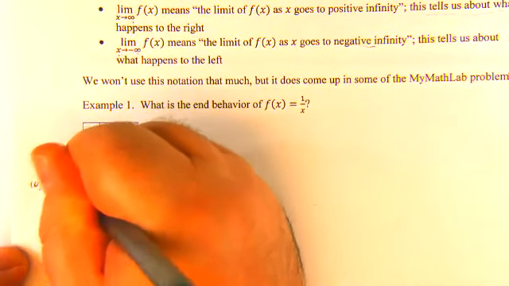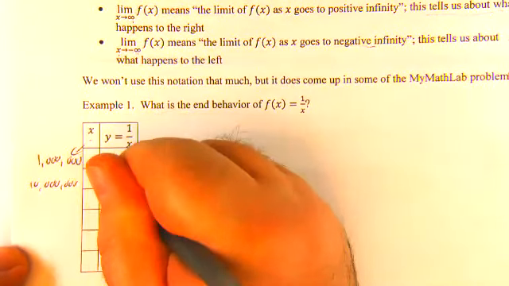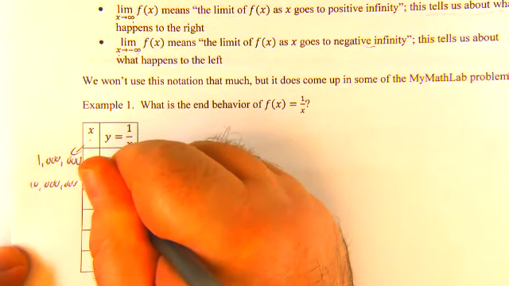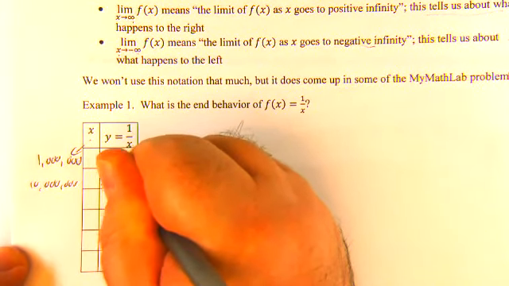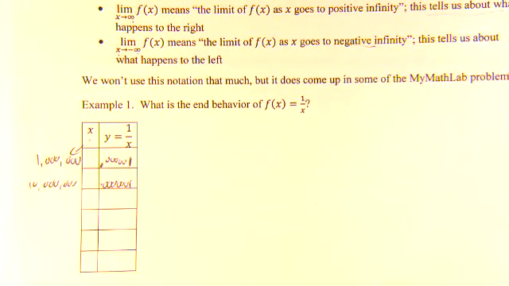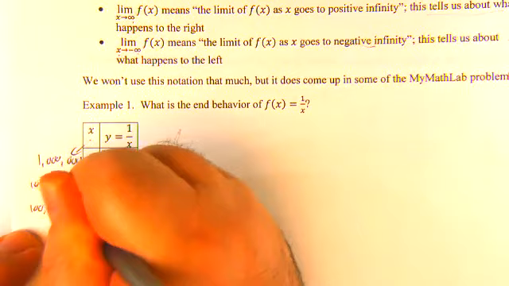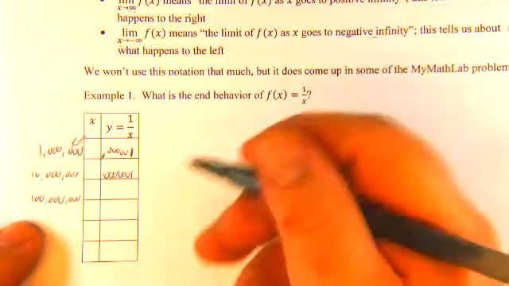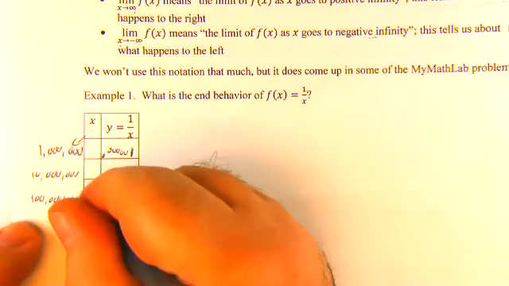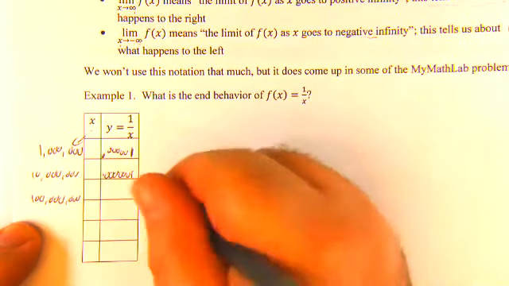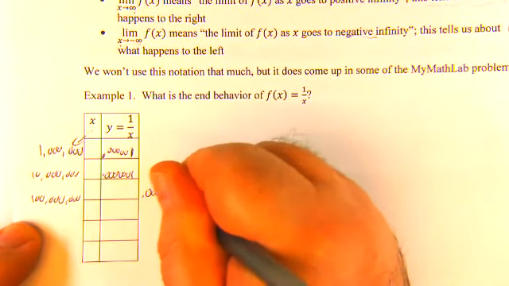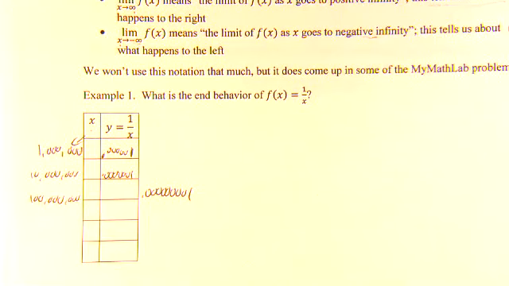If you make x 10 times as big, 1 over x will have 1 more 0. It's gotten 10 times as small. If you make x even bigger, 100 million, 1 over 100 million is 7 zeros and a 1. So very, very small.